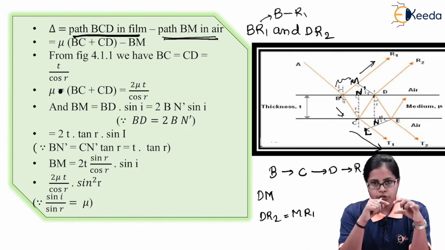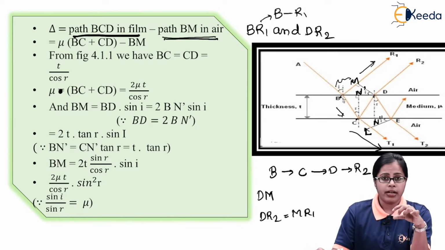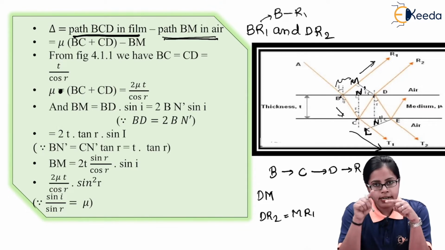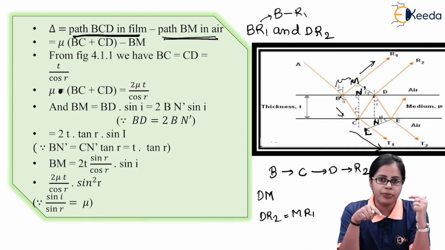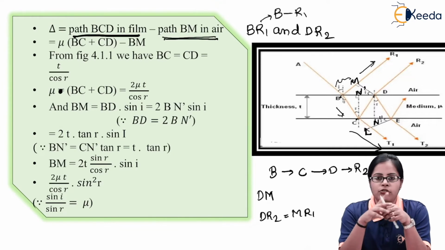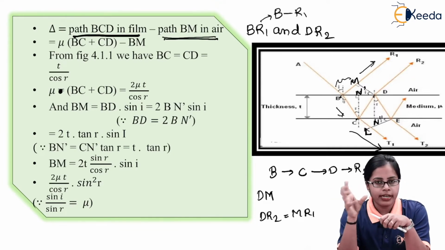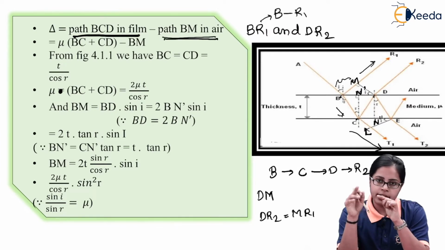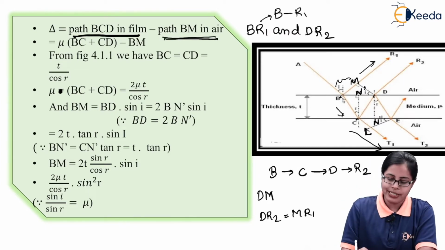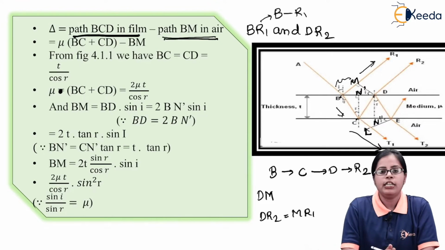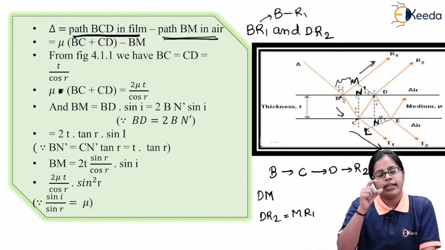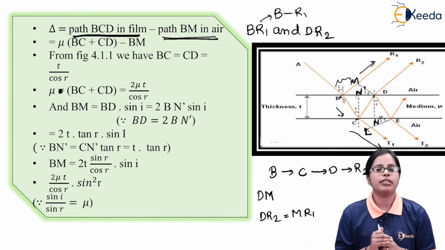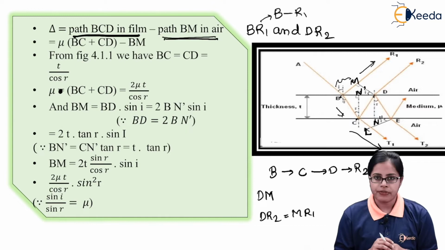So BM is the extra path for the ray in the air medium, and for the ray inside the film, the extra path is BC and CD. So the extra path traveled for DR2 is BC, CD, or you can say the path BCD in the film, and for ray BR1 the extra path traveled is BM. So if I take the difference between the two paths, I will get the path difference.